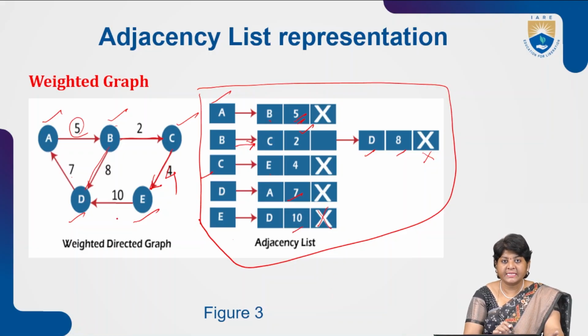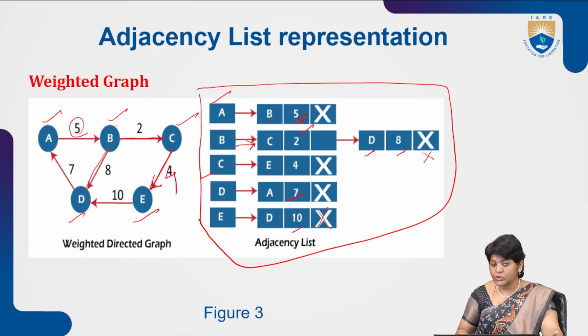If the same graph is considered and we remove the arrows, it will become an undirected graph, where we can write the adjacency list. So we have seen undirected graph, directed graph, and directed graph with weights. For these 3 cases, we found the adjacency list.